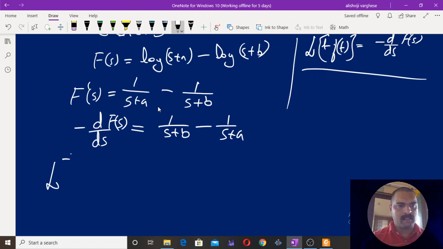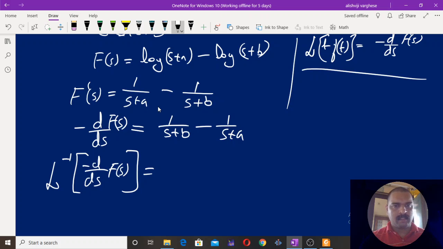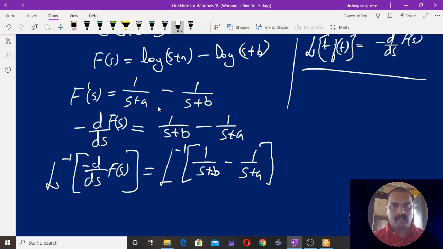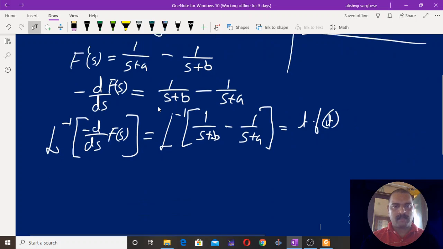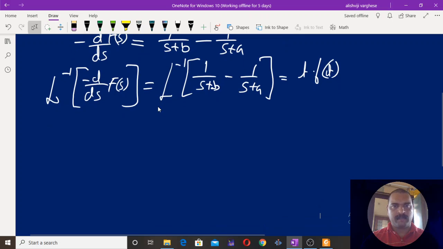So the inverse Laplace transform of minus d by ds of F of s is equal to the inverse Laplace transform of 1 by (s plus b) minus 1 by (s plus a), which is equal to t into f of t, where this f of t is the inverse Laplace transform of capital F of s.